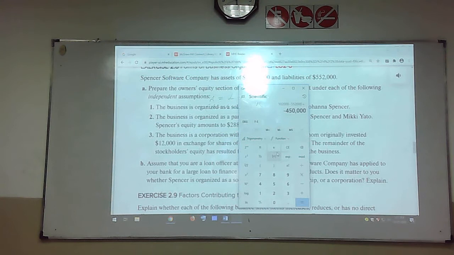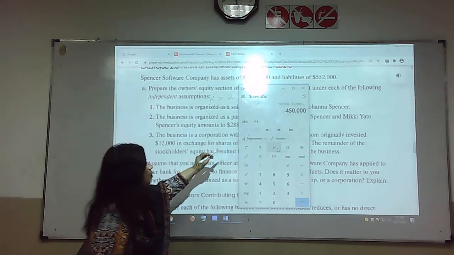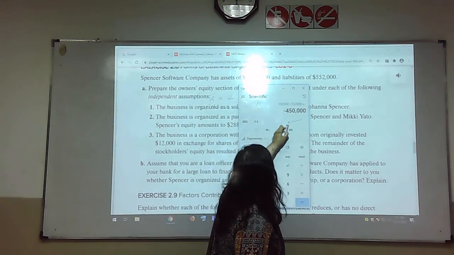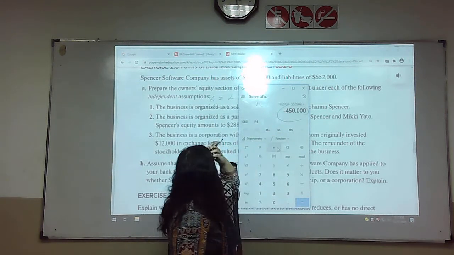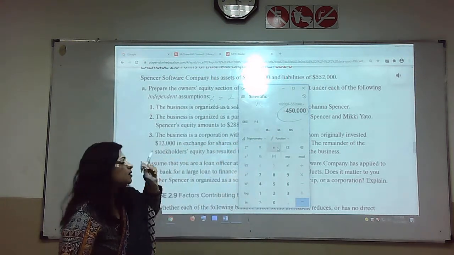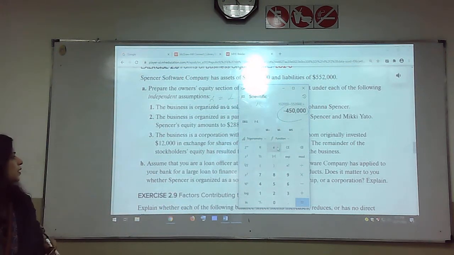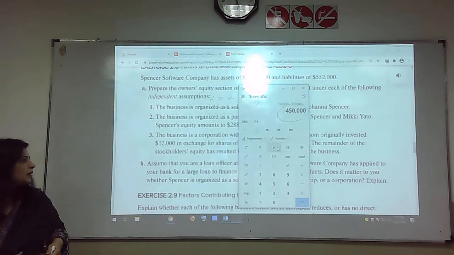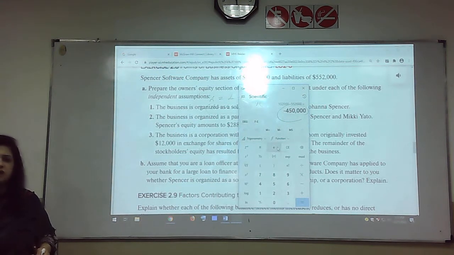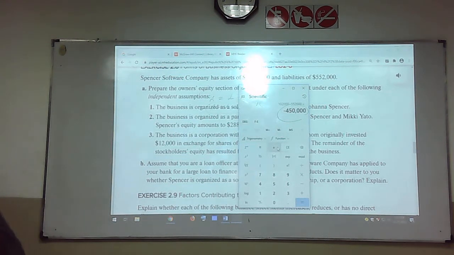So the total in this case is 450,000. This is the total owner's equity had there been one sole proprietor. But as you can see, if it is a partnership, then this value will not be the same.